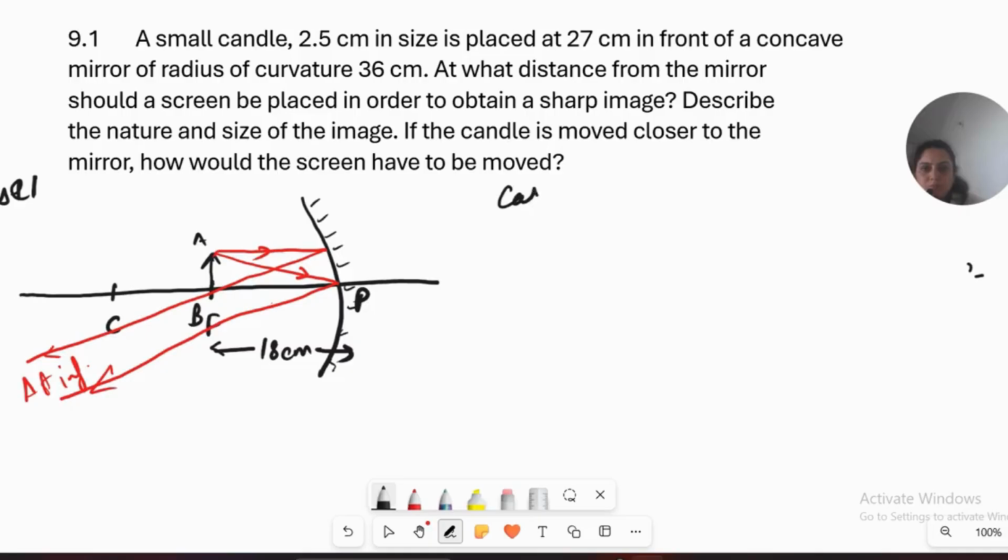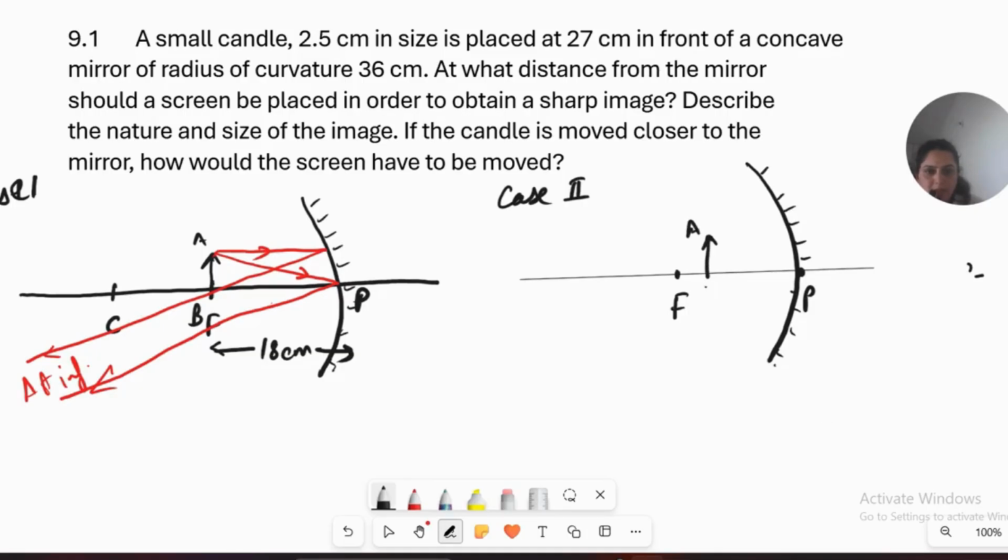Case 2 is when the object is placed between F and P, focus and pole. In this case, suppose the object is here at AB. Now I'll make the ray diagram by making a ray parallel. This parallel ray will try to converge like this, pass through F, but will not be able to pass through because the object itself will come in between.